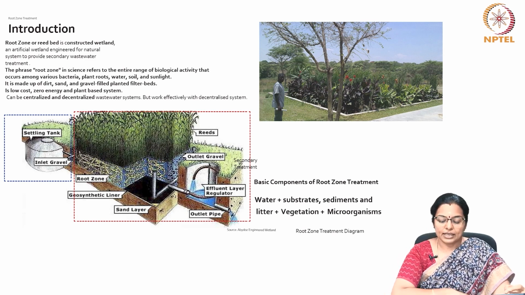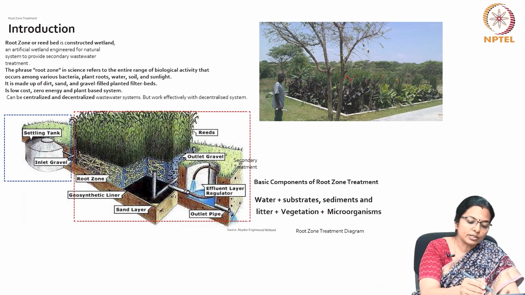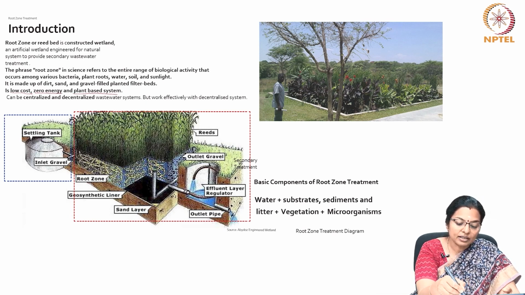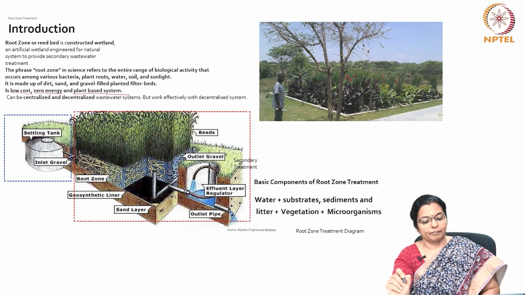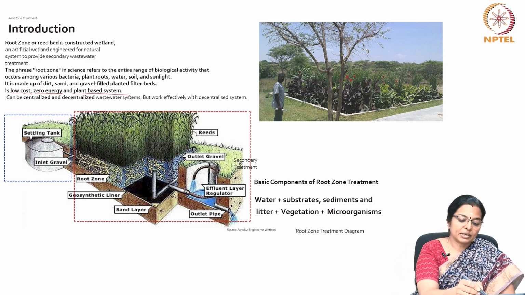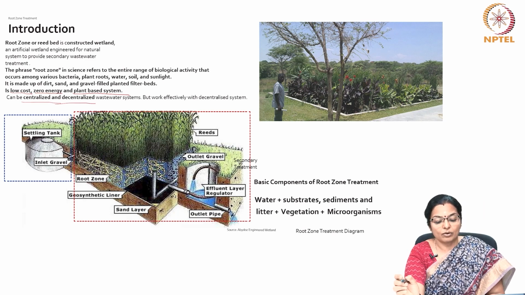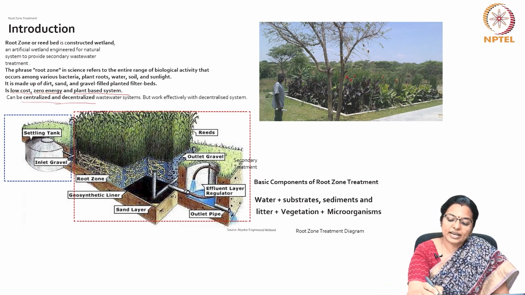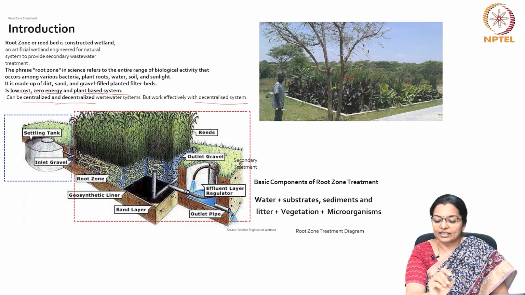This system is low cost, zero energy, and it is a plant-based system. This system can be a centralized or decentralized wastewater system. It works effectively as a decentralized system.